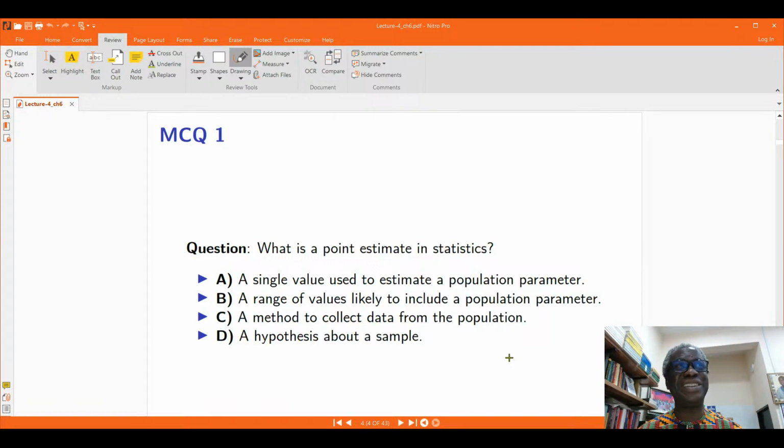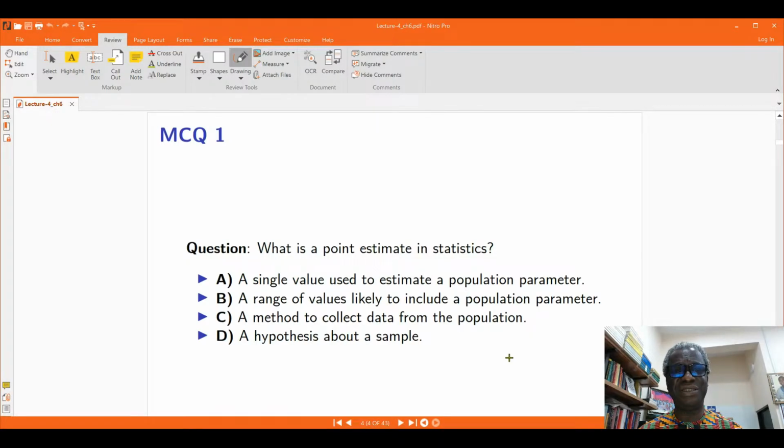The first question, and I also need you, as usual, to write the question number and your option, A, B, C, D. If you have read the lecture textbook ahead, you should be able to answer some of these questions correctly.